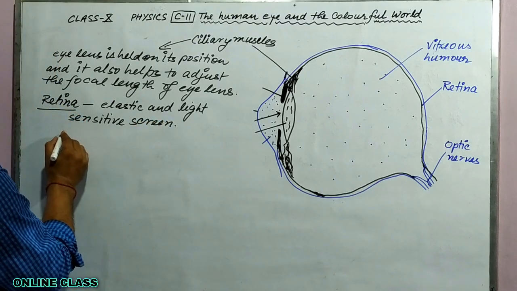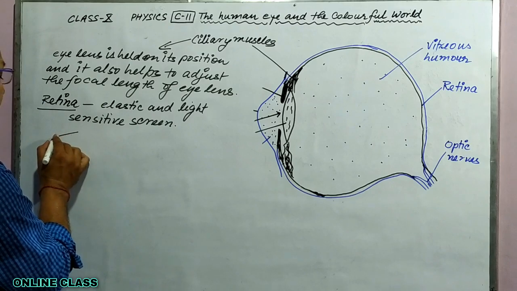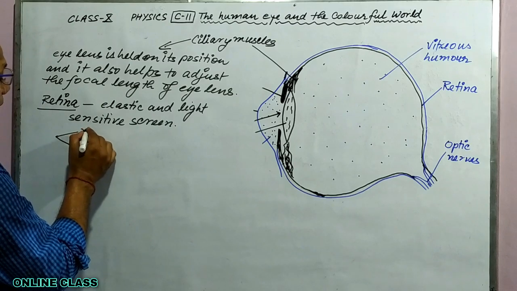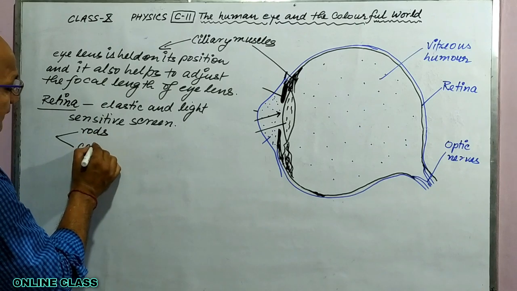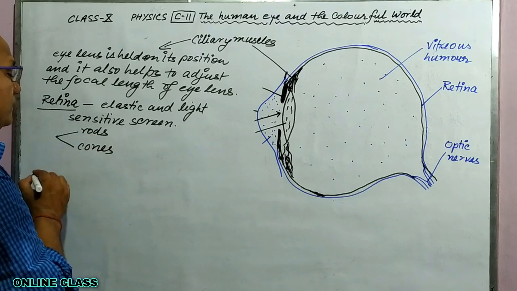It contains two types of cells, rods and cones.